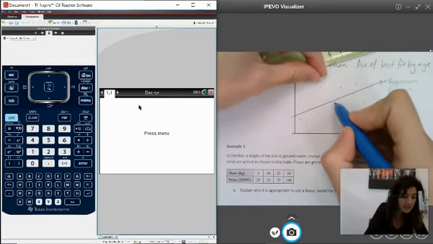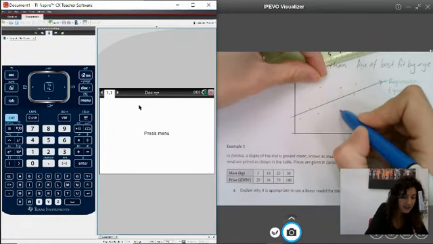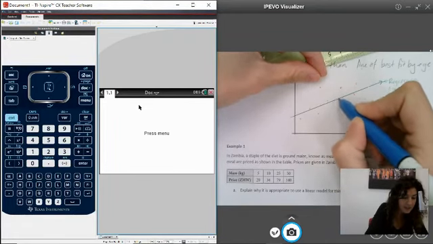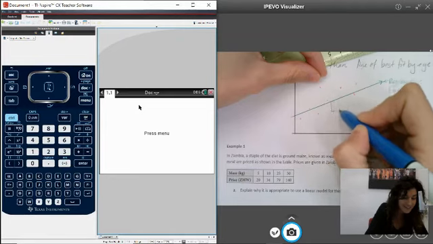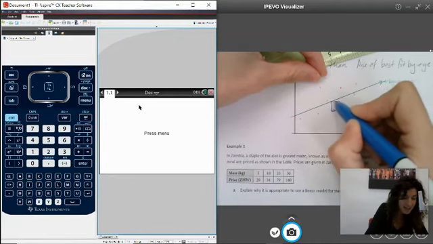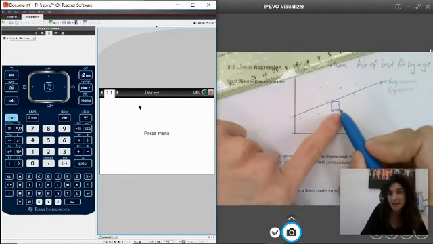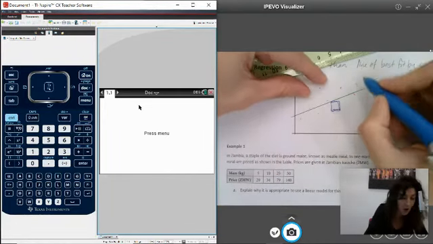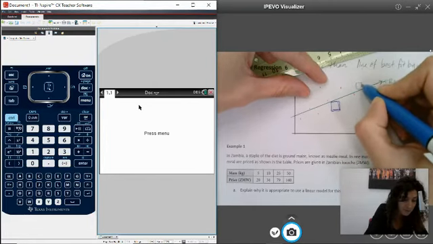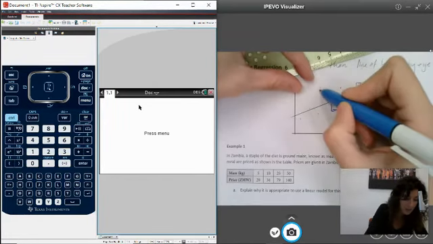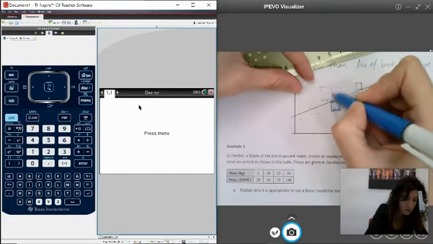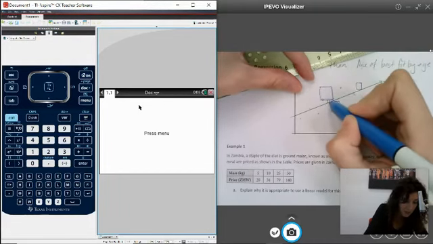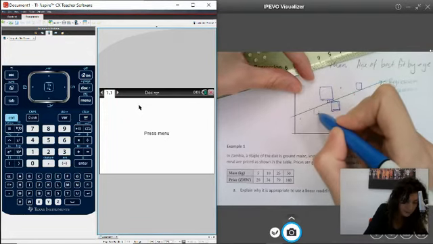And what that looks like is something like this. I'm not very good at eyeballing it, but we've got these squares that connect a point to the line, and all of these data points can have a square drawn to represent the area of that point from the regression equation.